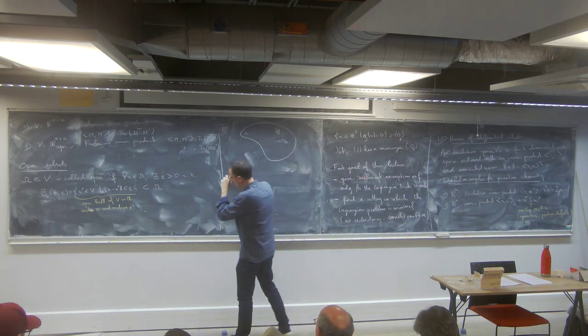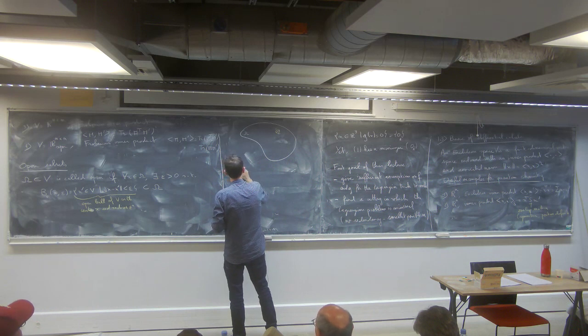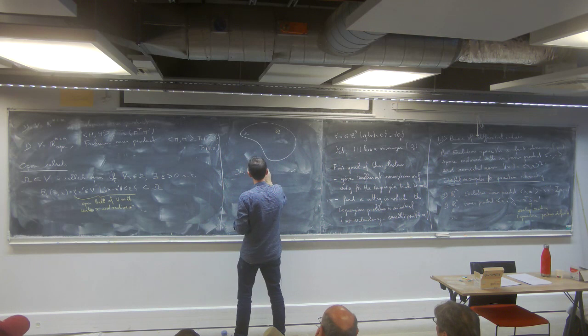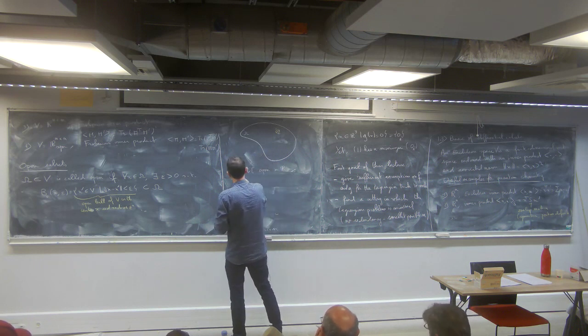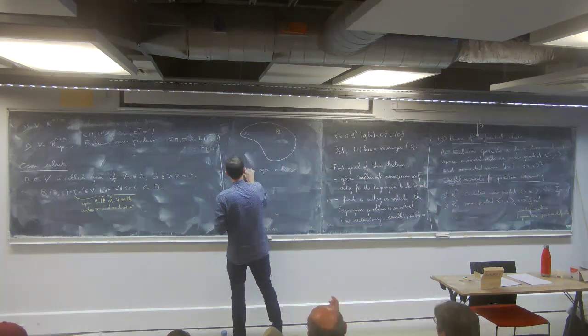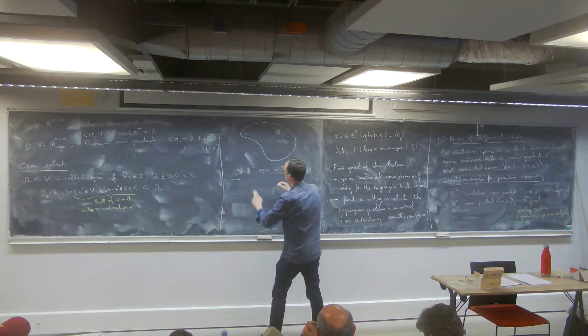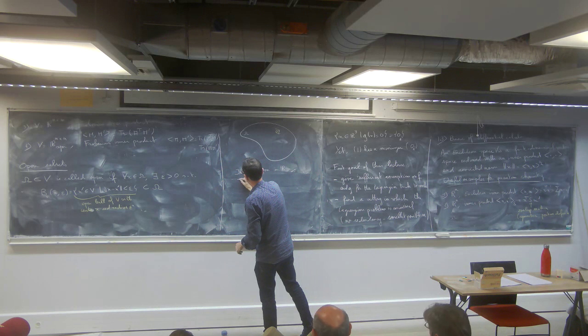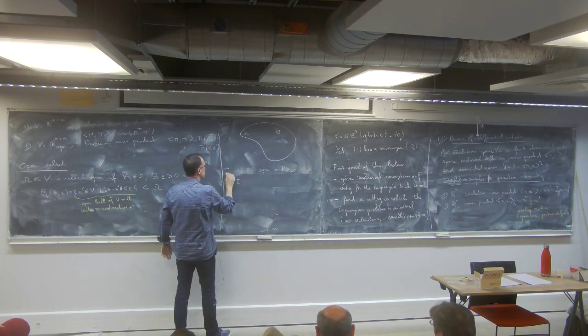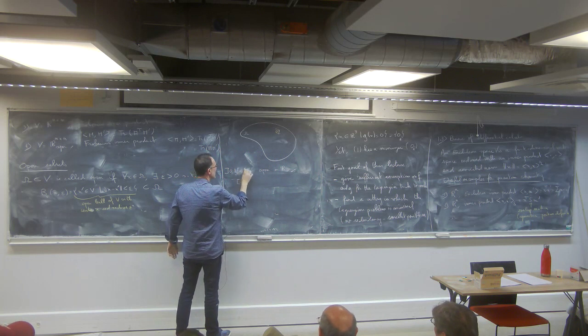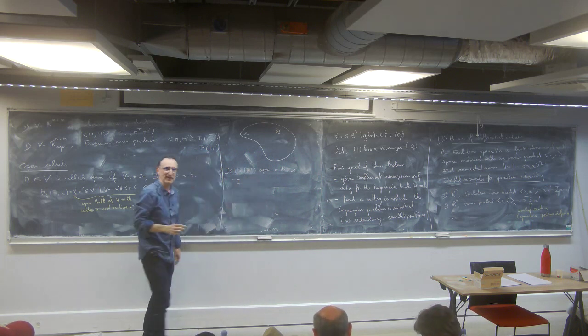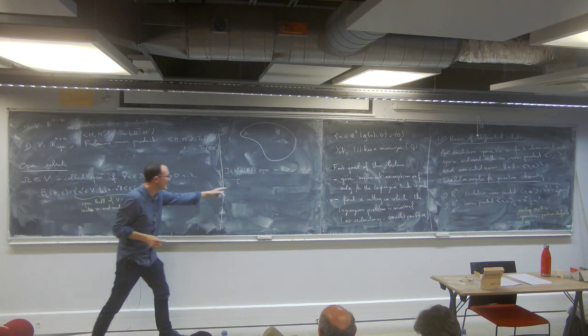For instance, the set (0,1) is open in R. Well, this is a French notation. This is English, everywhere else, I guess.